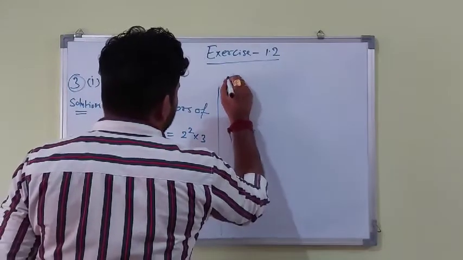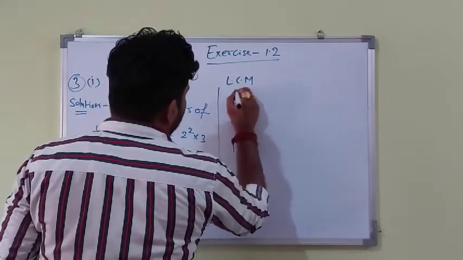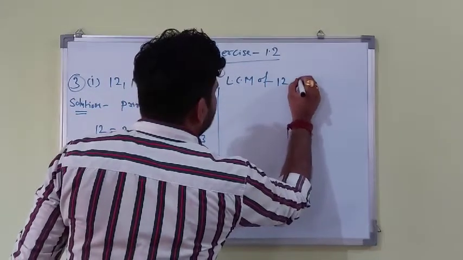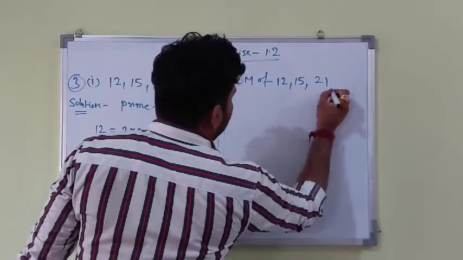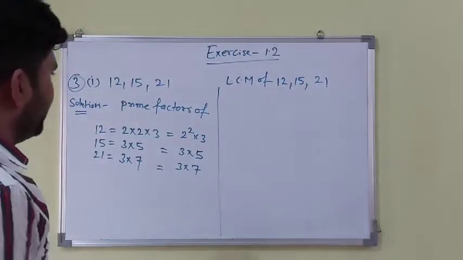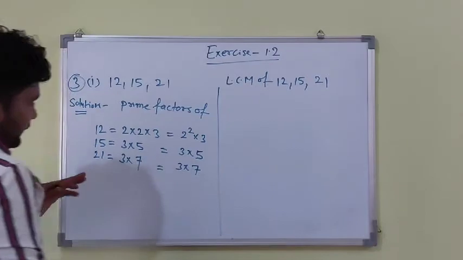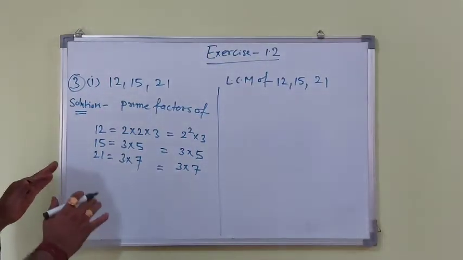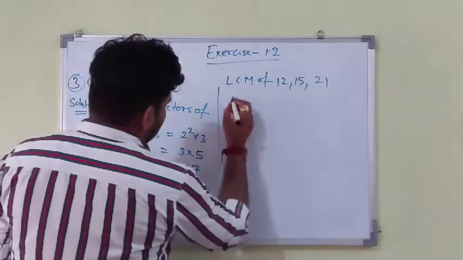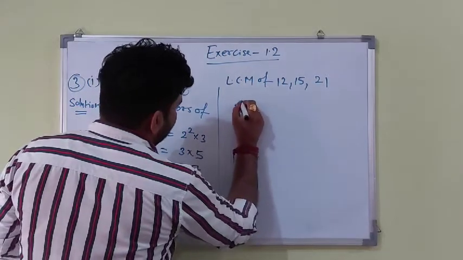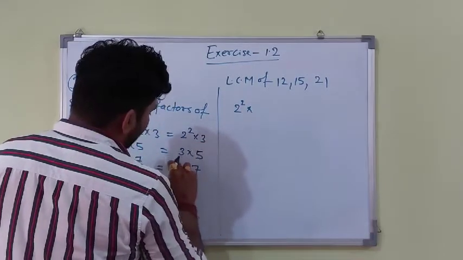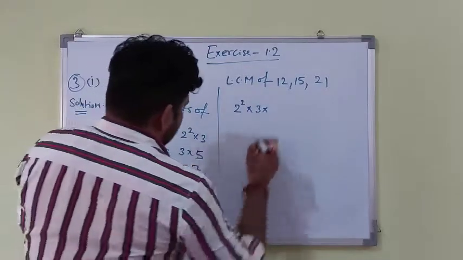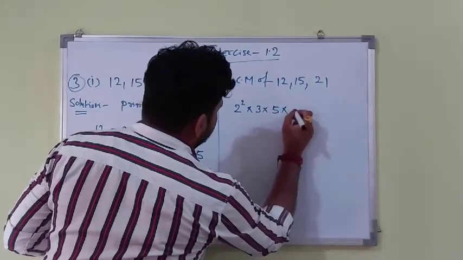First, the LCM. What is the LCM of 12, 15 and 21? In the LCM we do not repeat numbers; we take numbers only one time. Here we take 2 to the power 2. 3 is common in all three, so we take it only once. 5 and 7.